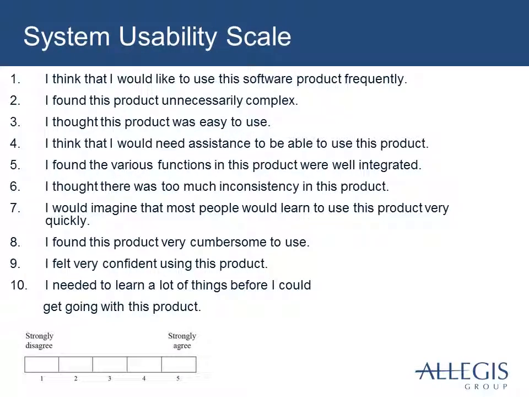The system usability scale is a standard usability metric that's used in software development. I'm not going to read through all these, but I think it's important that you're familiar with them. What we get out of it is a particular score, and that score can sometimes be hard to understand because we tend to think along the lines of academics.